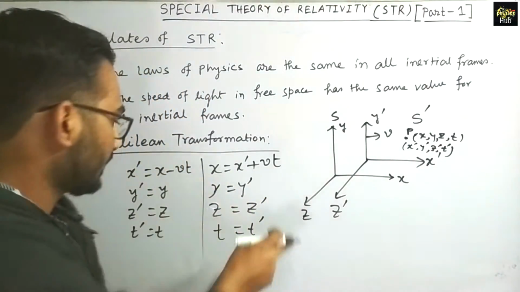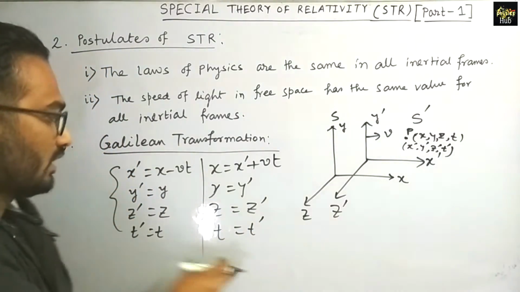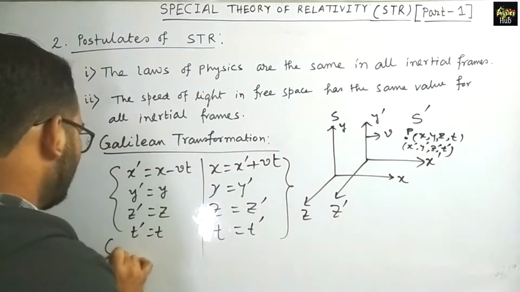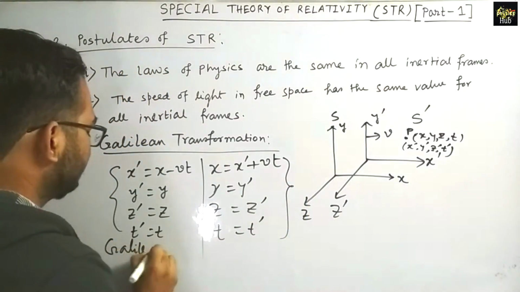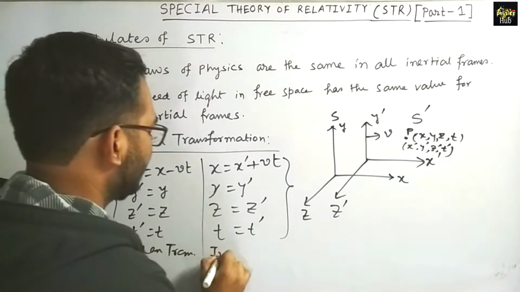So this transformation is called Galilean transformation, and this is called inverse Galilean transformation.